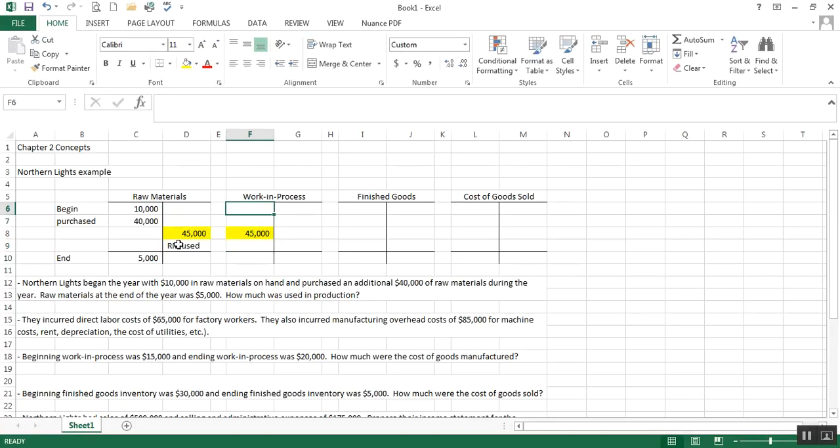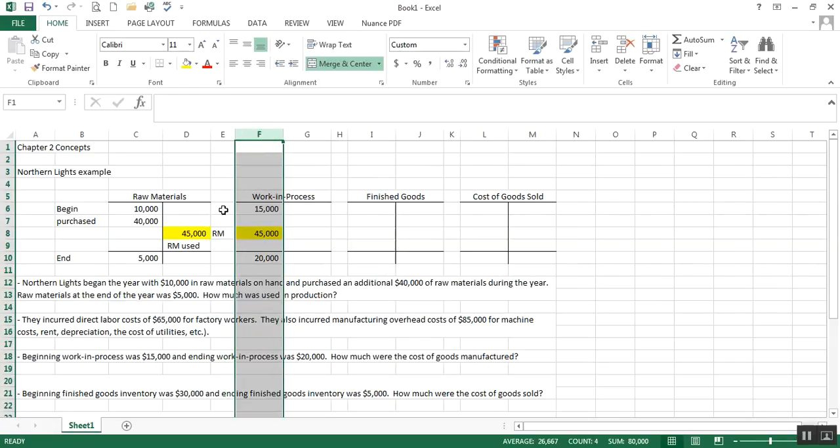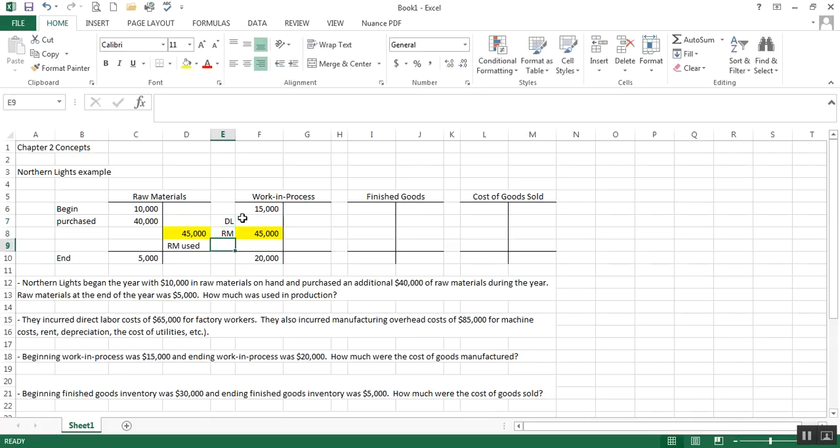So let's look at what they say about our work in process. Beginning work in process was $15,000. Here, I'm looking at this bullet right here. And ending work in process was $20,000. What else goes into work in process? If you read through the chapter, you know that it's going to be your raw materials, excuse my abbreviations, plus your direct labor, plus your manufacturing overhead. So do we know anything about these items?